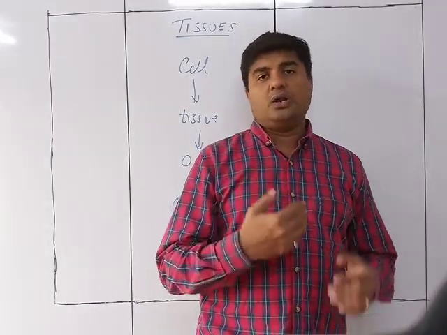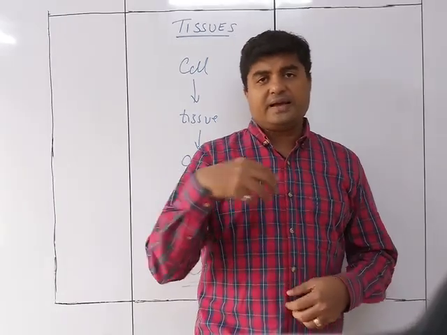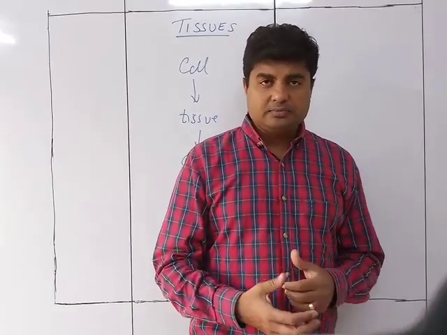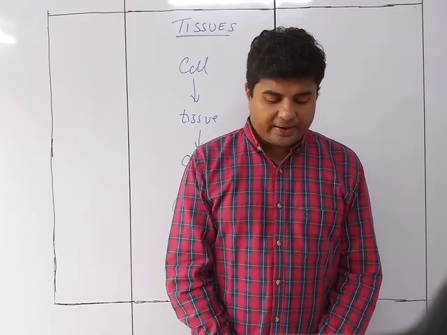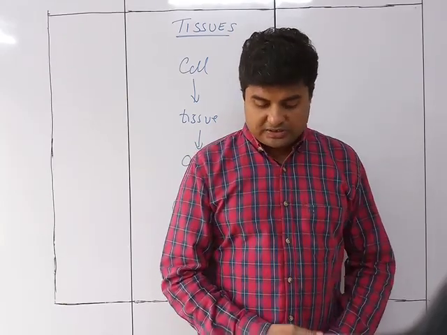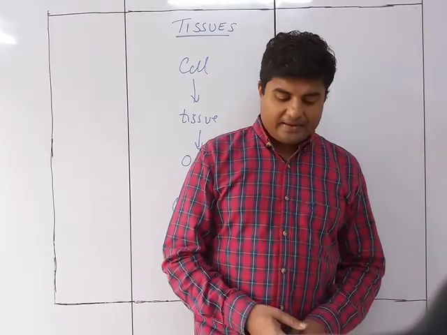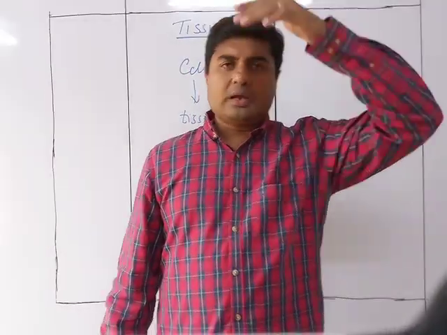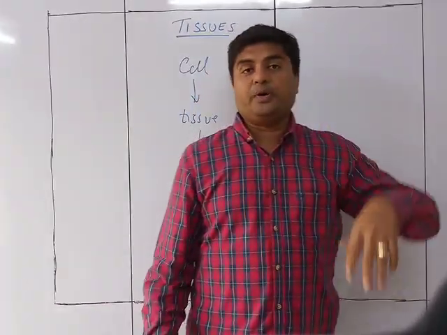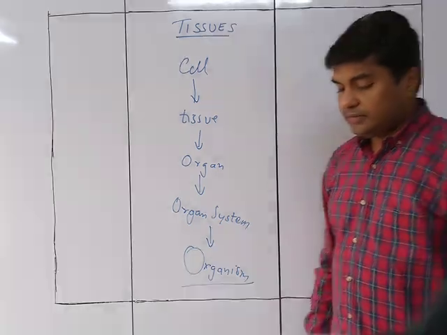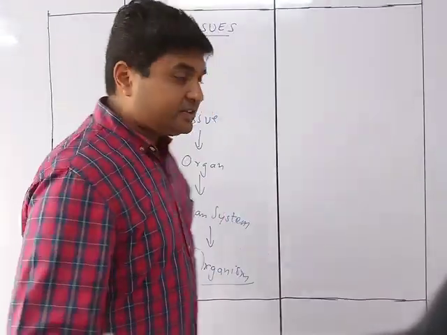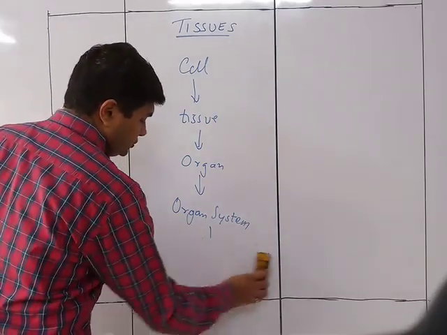So the tongue along with the stomach and intestine form the digestive system. Organ systems together constitute the organism, that is, the root system and the shoot system constitute the plant as an organism. This is the relationship from cell to tissue, tissue to organ, organ to organ system and organism. Now we see the first part of the chapter, that is plant tissues.